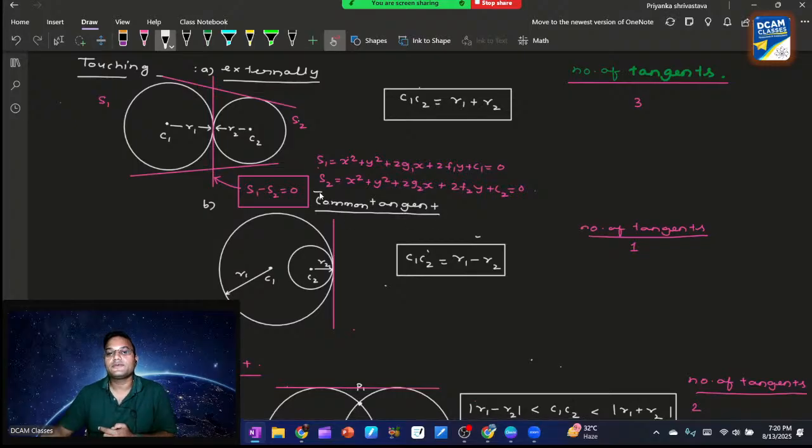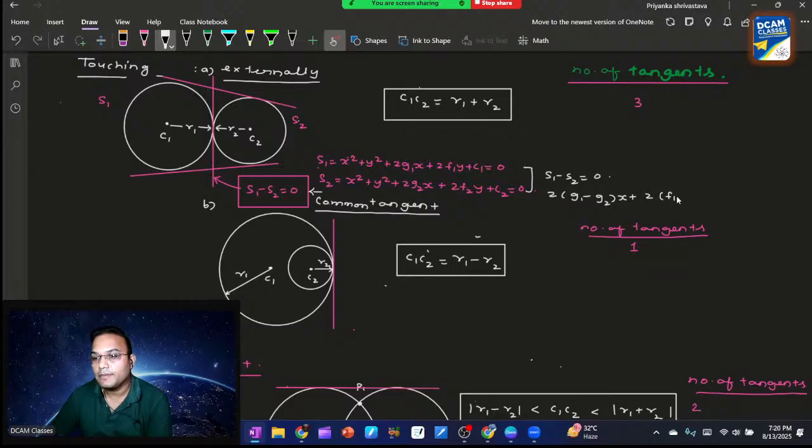This is given by S1 minus S2 is equal to 0. Meaning, if you do S1 minus S2 is equal to 0, you will get 2 into (g1 minus g2) into x plus 2 into (f1 minus f2) into y plus (c1 minus c2) is equal to 0. This gives you the equation of common tangent.